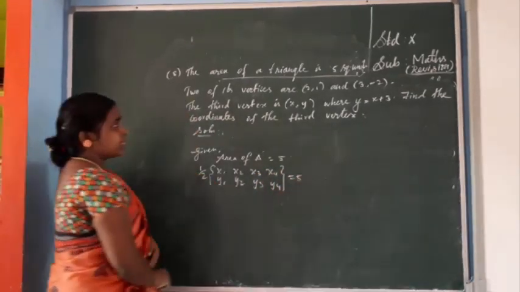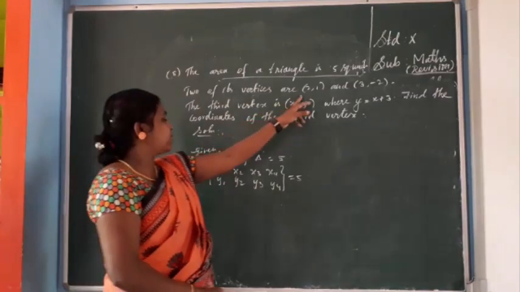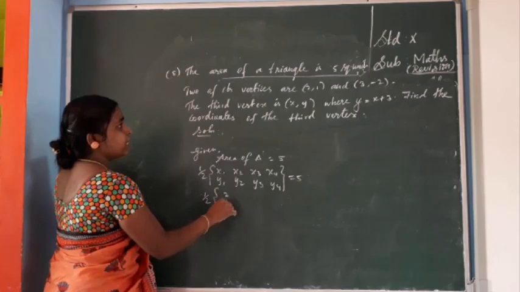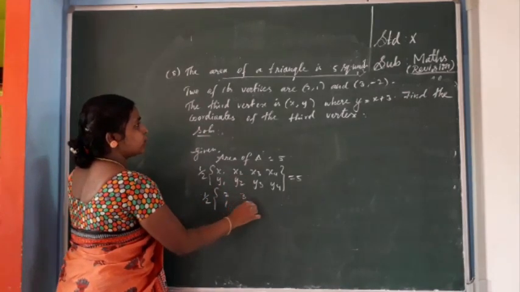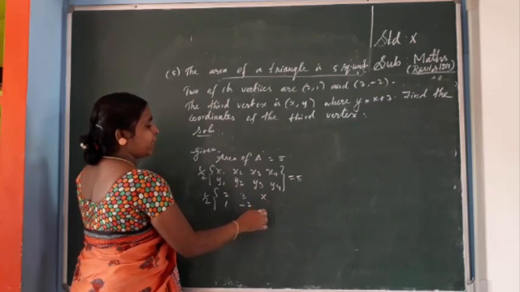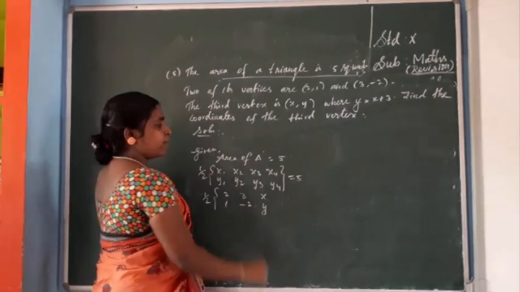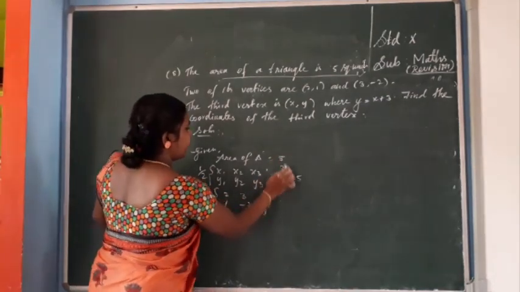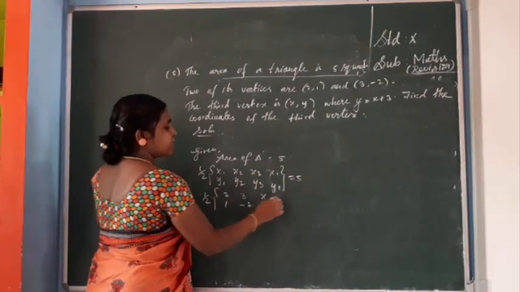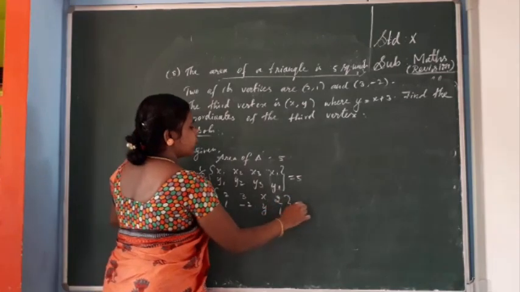First point is (2, 1), second point is (3, -2), and third is (x, y), that is unknown. You want to find that point only. Again you have to write the first point (2, 1), equal to 5.